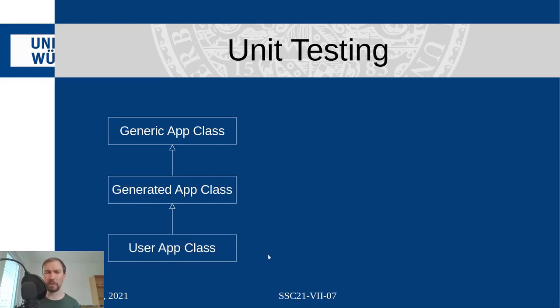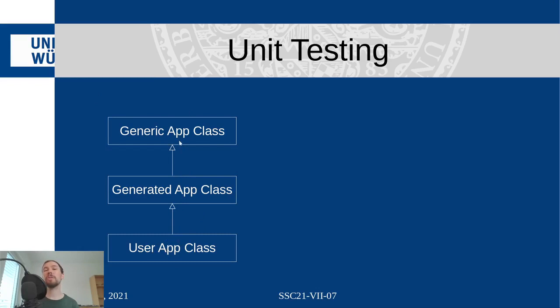And this below here is what we want to test. This user code uses features of the generated and the generic classes. So we have an interface from those generic and generated code down to the user code.